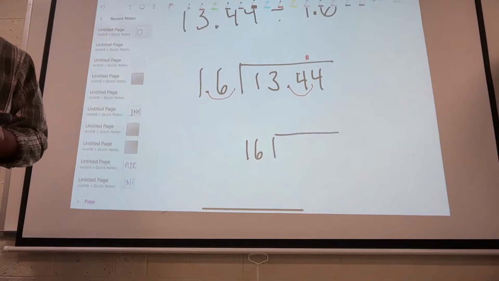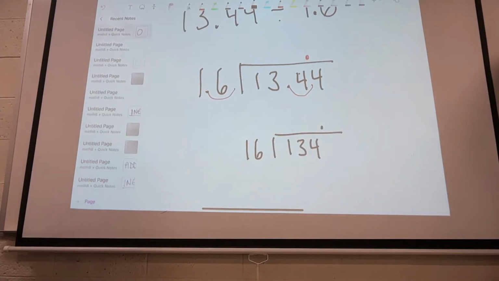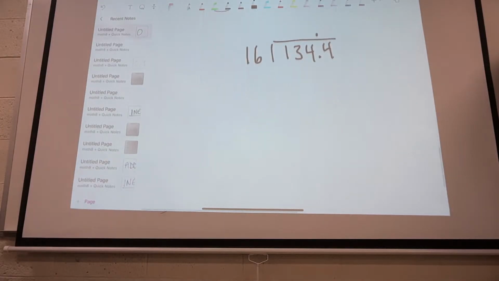16 into 134. Okay, so let's see what we got. 16 cannot go into 13, right? 16 is bigger than 13. So 16 into 134. No idea.